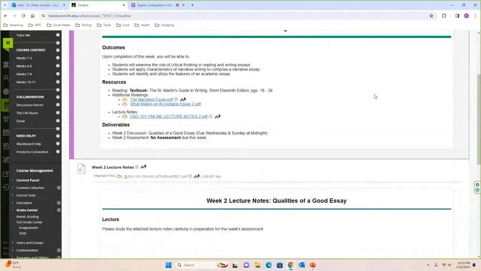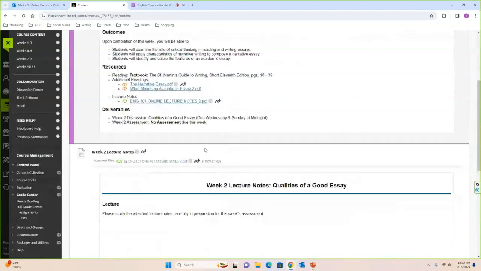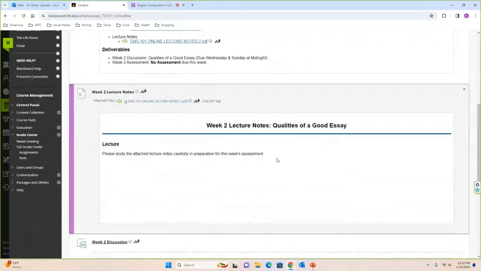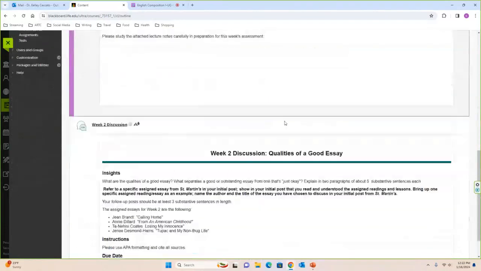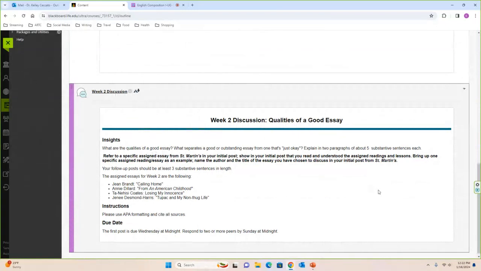Learning activities. Well, you have a couple of PDFs of PowerPoints to go over. Lecture notes are here. Now, what I would like you to do before you look at these lecture notes for week 2, do your discussion first, because this discussion asks you to tell me what you think are the qualities of a good essay.